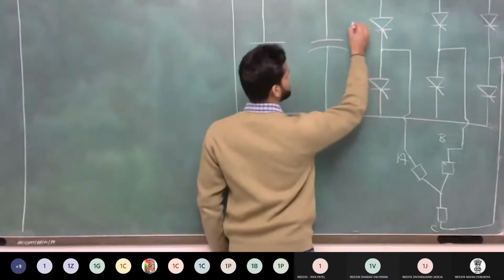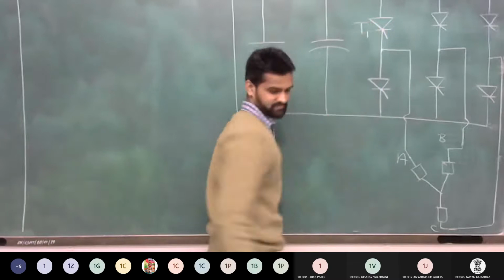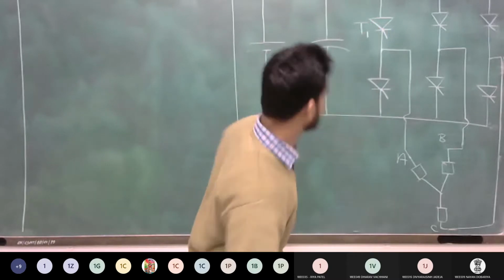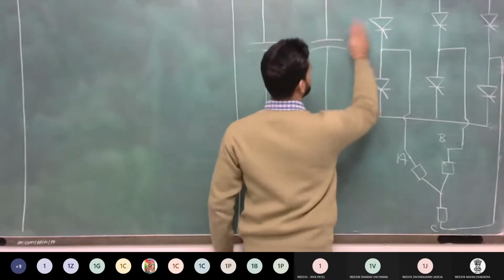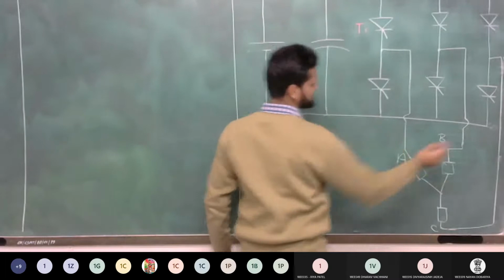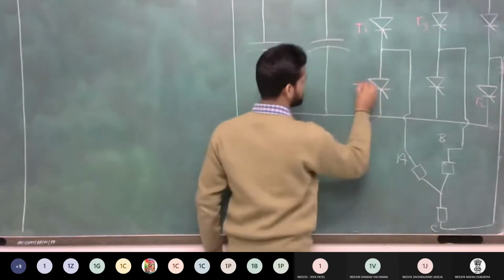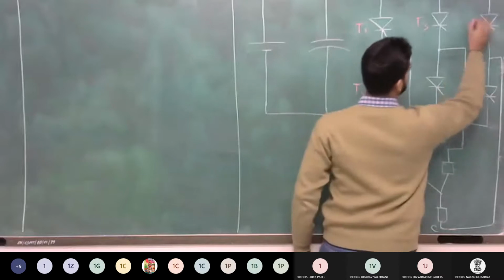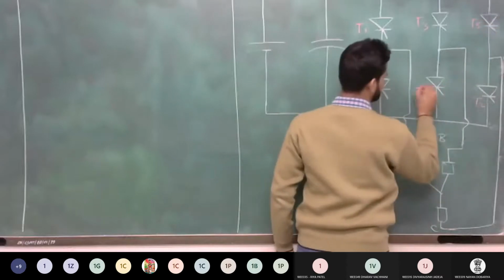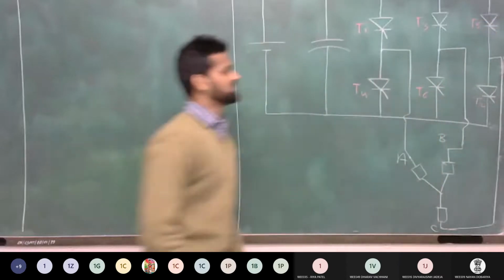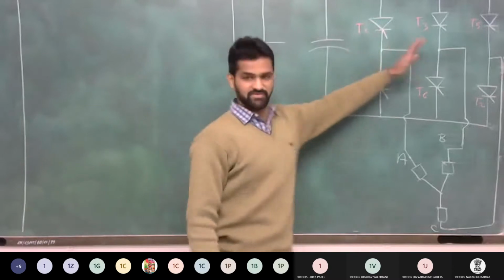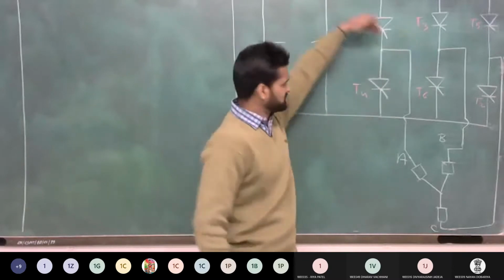So now give the name to these thyristors. First, this thyristor will be named T1, and this thyristor T2, this T3, T4, this thyristor T5, and this one is T6. I give the names this way because there is a logic.